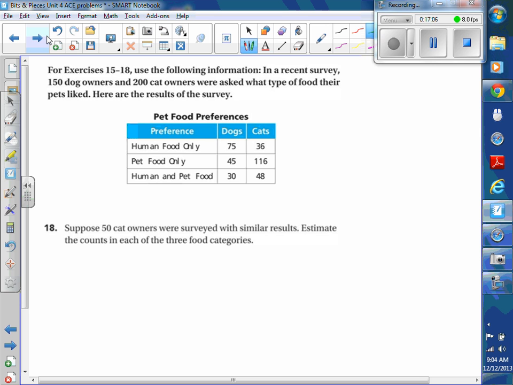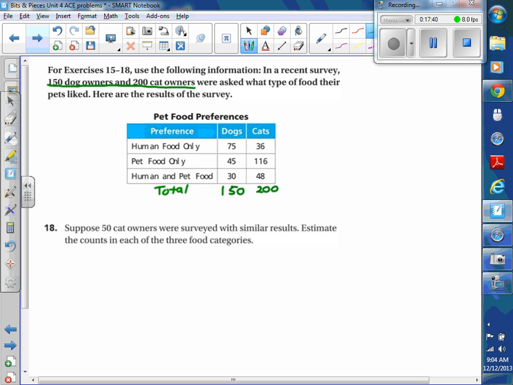So, hold on. Did you read? It's 200. And 200 cat owners. So if you put a total in here, there'd be 150, and this is 200. That's all wrong. I thought it said 50 cat owners. Okay. Make a survey. So we're gonna fix it, right? So they're asked what type of food their pet likes.